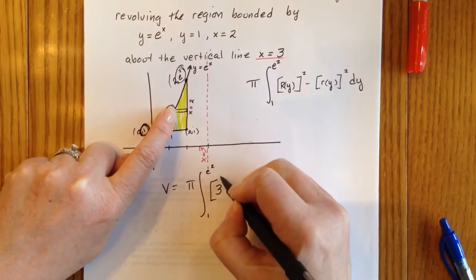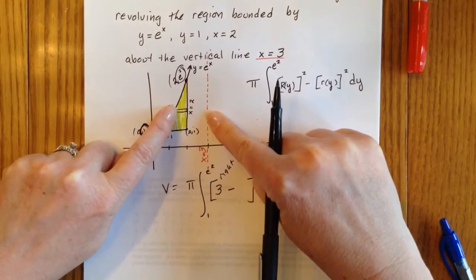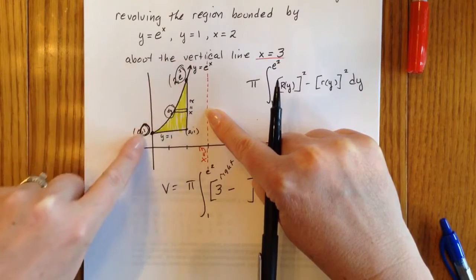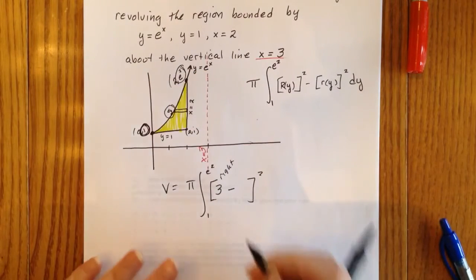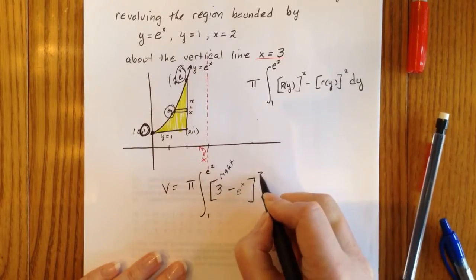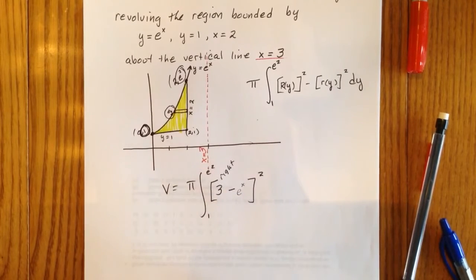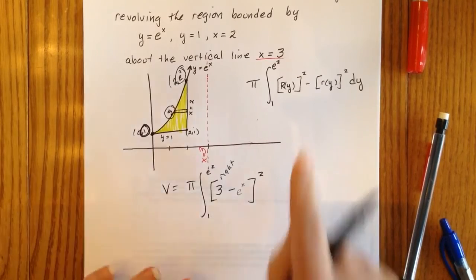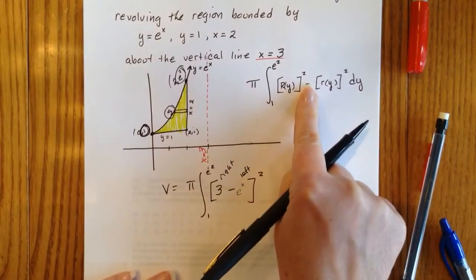There's the right, minus the left. Now, I know you're going to be tempted to say my left finger is on e to the x. I'm using a pencil here because this is not going to stay. Put it there for now, but you're going to erase it later. That's your outer radius, kind of. It's not right.